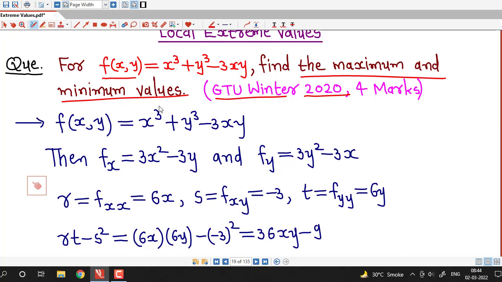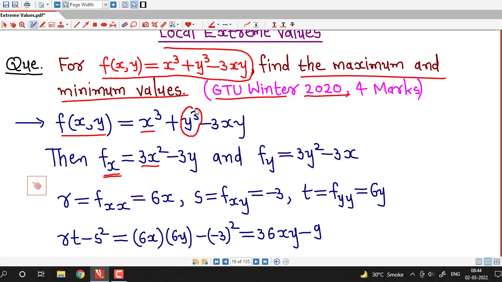So we first find out first and second order partial derivatives of this function f(x,y), given as x cube plus y cube minus 3xy. Therefore, the first order partial derivative with respect to x is the derivative of x cube, which is 3x square.